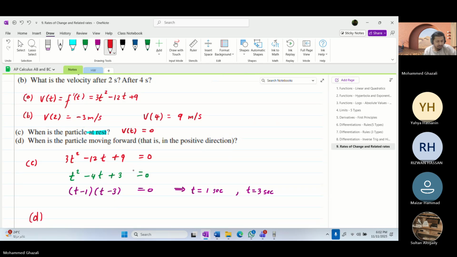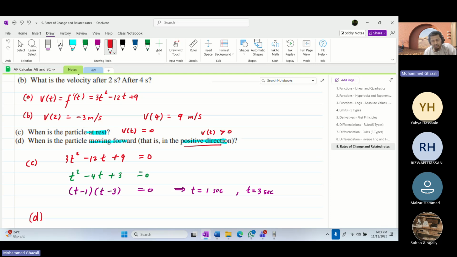Next one. When is a particle moving forward? That is in the positive direction. Because they said positive direction, we're looking at the velocity being positive. So we're looking at v of t greater than 0.